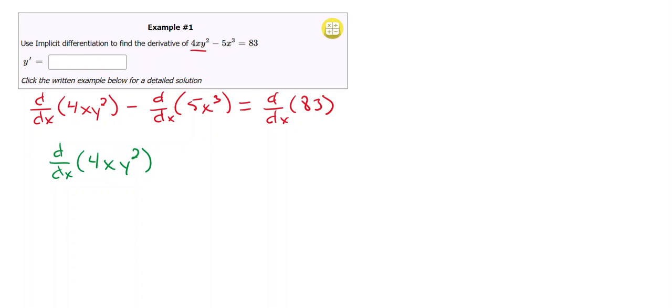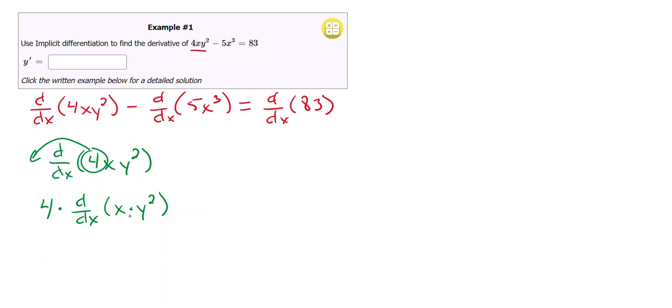The first thing I'm going to do is pull this coefficient out front. So this is the same thing as 4 times the derivative of x times y squared. That 4 just hangs out up front.